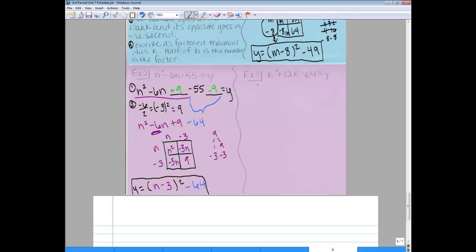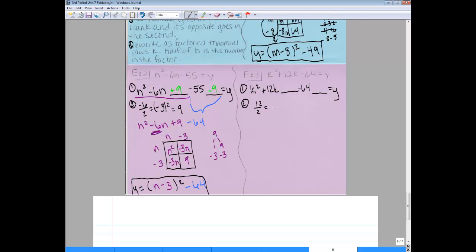And then we're doing the exact same thing with the next problem. First step, k squared plus 12k blank minus 64 blank equals y. Second step is to do all that stuff to our b. Our b is 12, so 12 divided by 2. You just have to remember that's divided by 2.